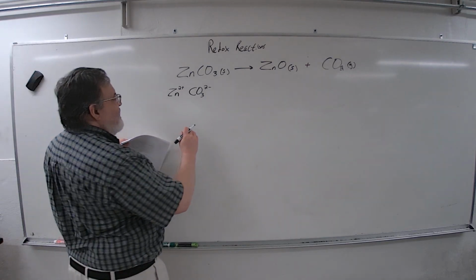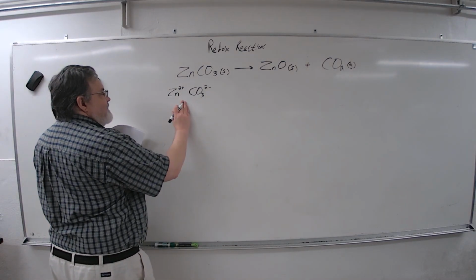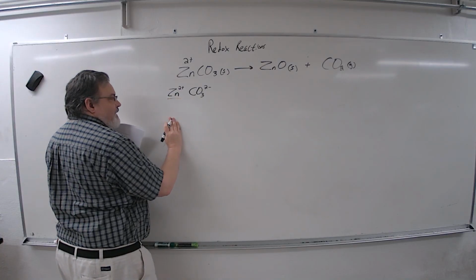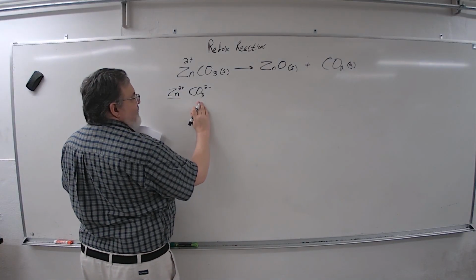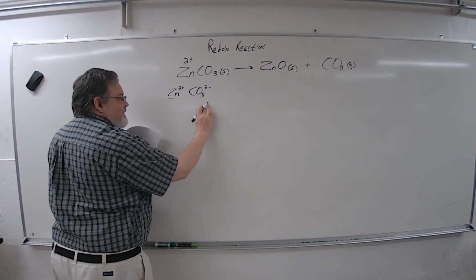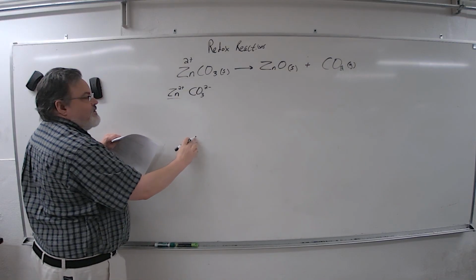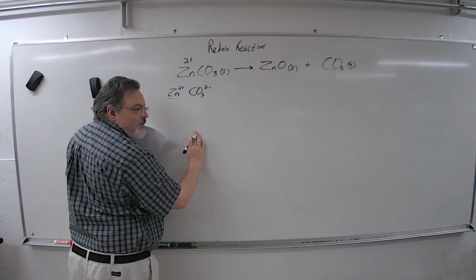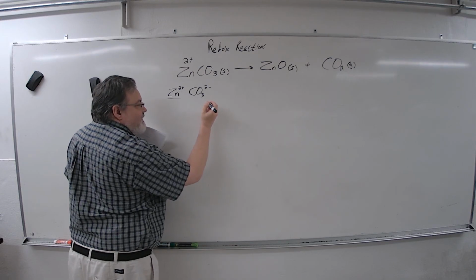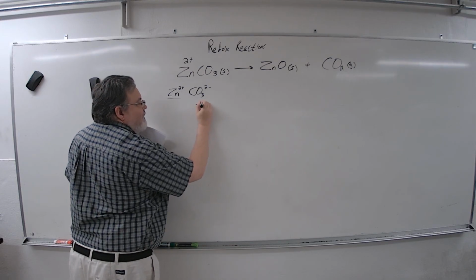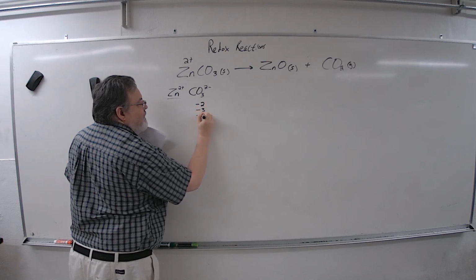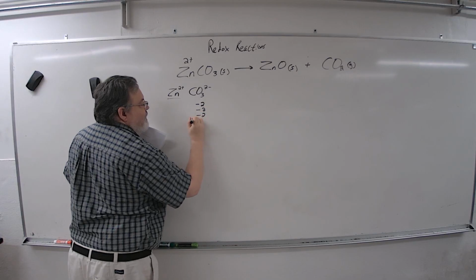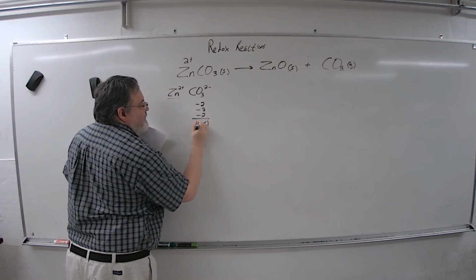So if I did this, then zinc is 2+, because that's the charge on zinc. If I have this left, and I need to know the charges on oxygen and carbon, what's the charge on oxygen? -2. Just think of that as always being true. There's 3 of them. 2, 2, 2. -6.